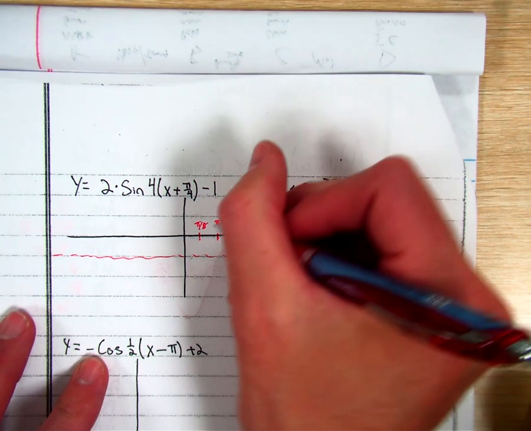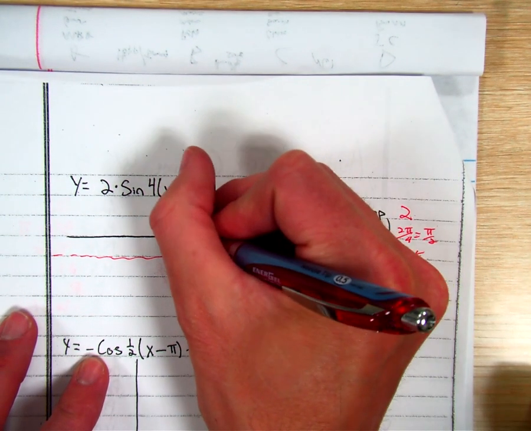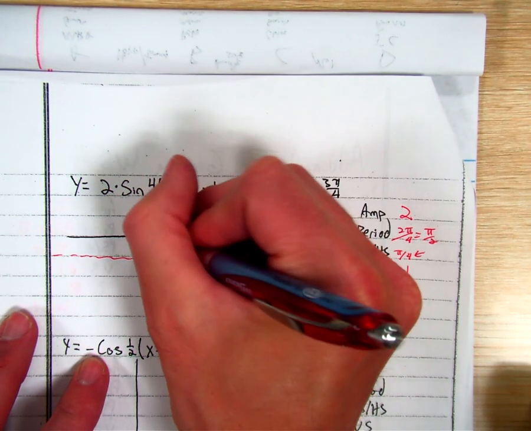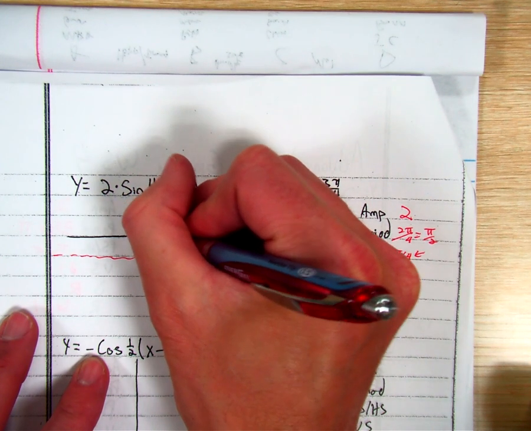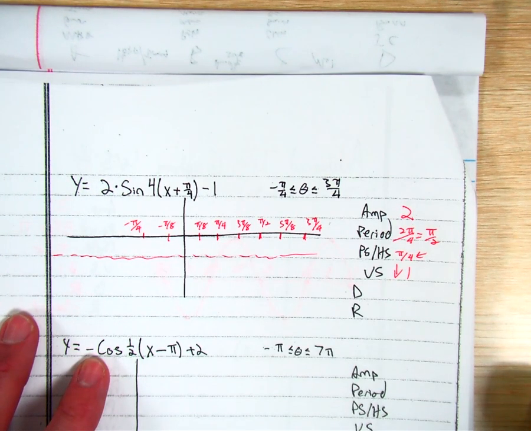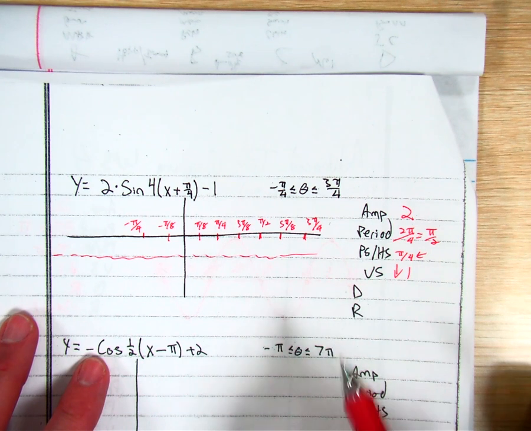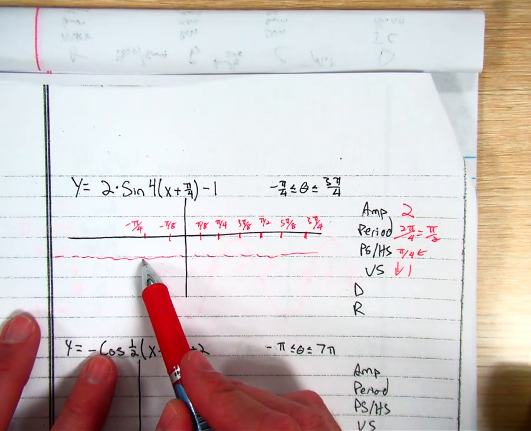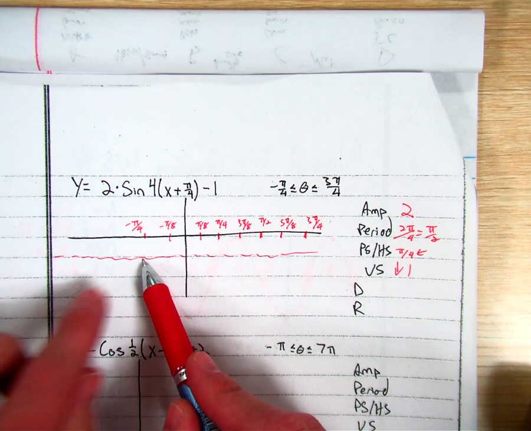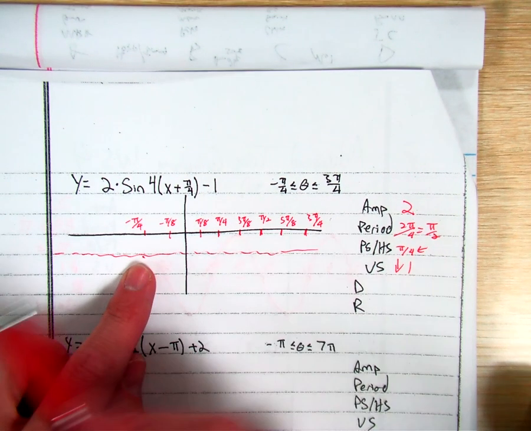Okay, going the backwards way, we got negative pi over 8. And negative 2 pi over 8 is going to be negative pi over 4. Alright, so we are pi over 4 to the left, right to here. That's conveniently where we're supposed to start on the domain, so we won't have to go backwards anymore.